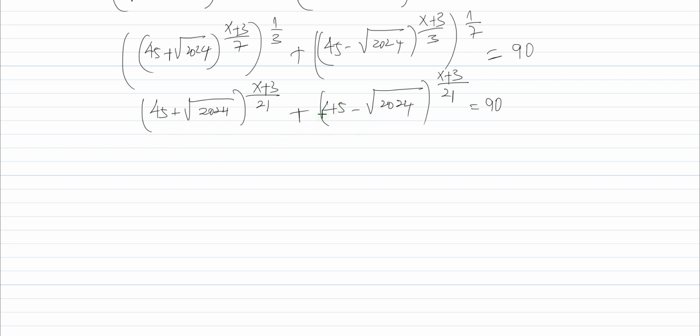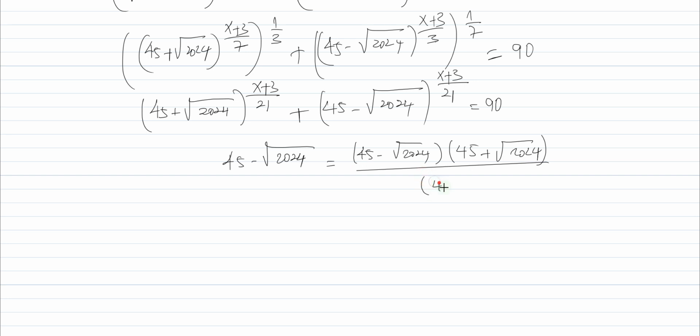Let me pick this one here. You can work with the positive sign or the negative sign, it's going to be the same thing. So I'm going to find the conjugate of this. If I pick this one here and I multiply by its conjugate, which is 45 plus square root of 24, I'm going to divide by the same thing here.